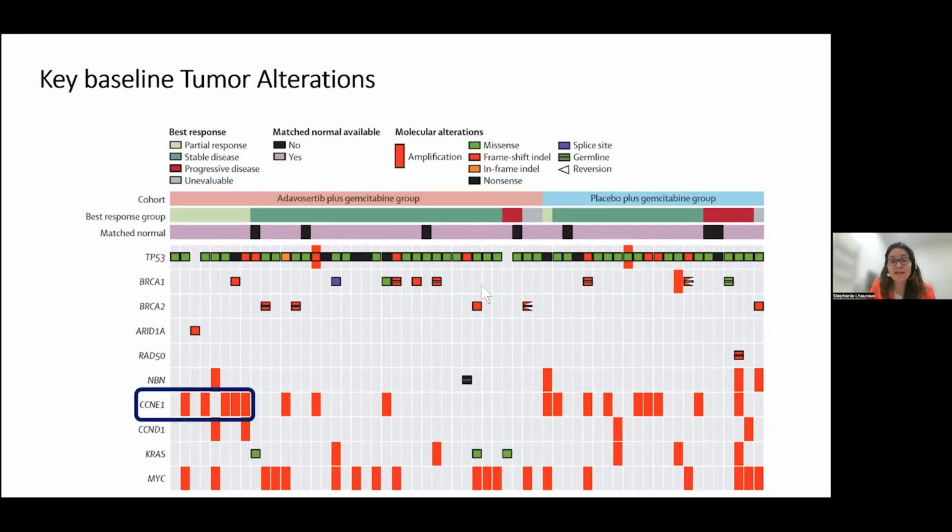And you can see here, the patients in the group of the WEE1 inhibitor plus gemcitabine who have the best response actually were the ones who have the cyclin amplification. So definitely there's a hypothesis that the patients who have a replication stress and have the cyclin amplification may benefit from this kind of treatment strategy.